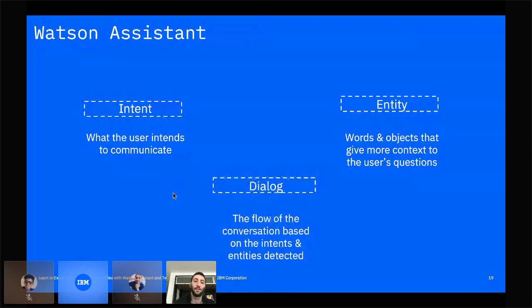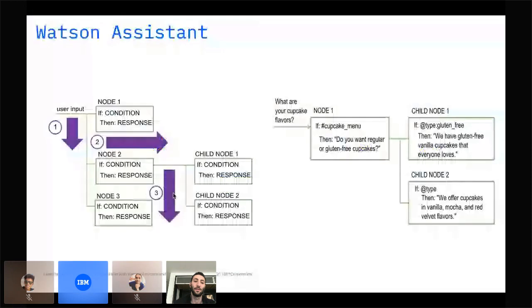Last, we have the most important part, which is the dialogue. This is where we are building the entire thing. It's like a puzzle. We have different nodes, and this will help us define the conversational flow using the intents and the entities that we have defined. The way Watson Assistant works is we have different nodes that need to be triggered. We need to define an intent for this node.